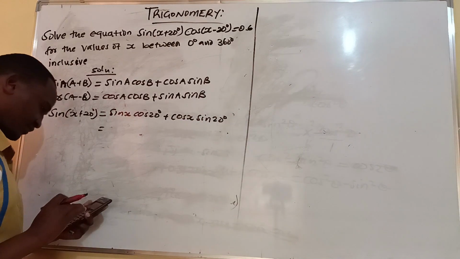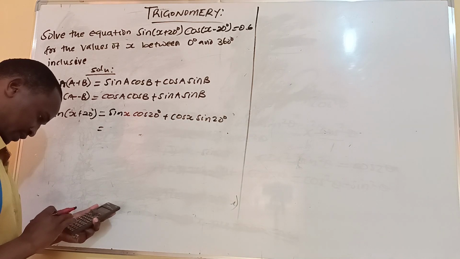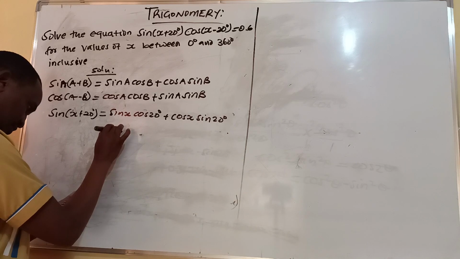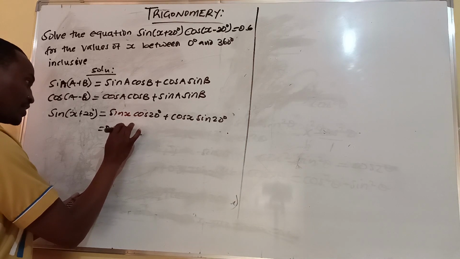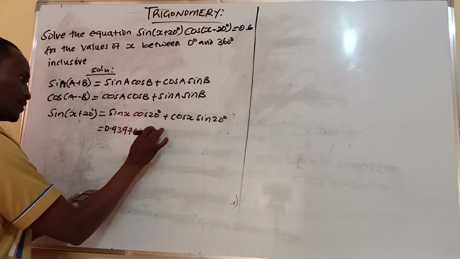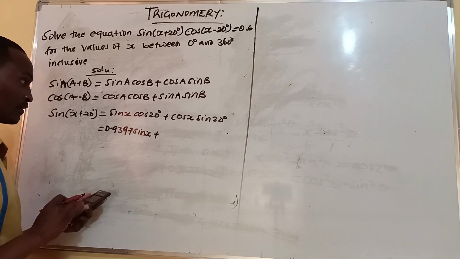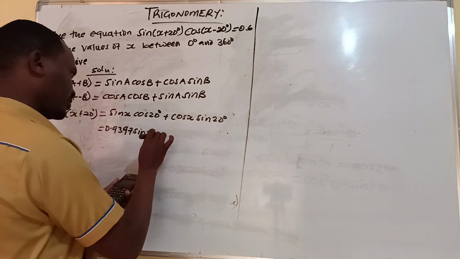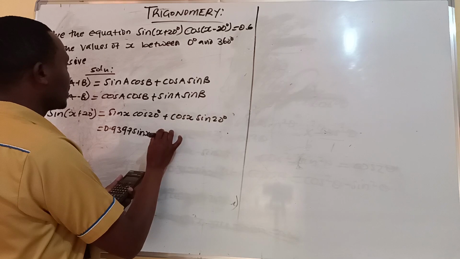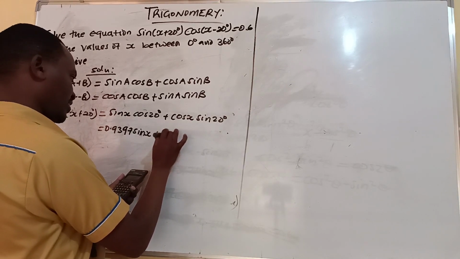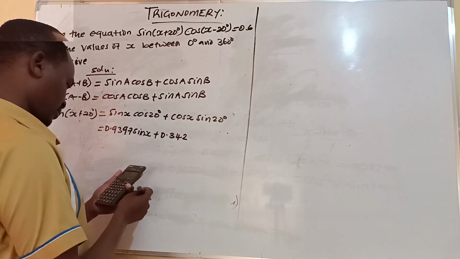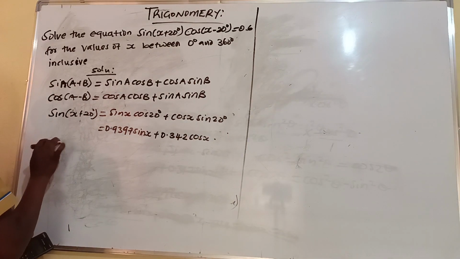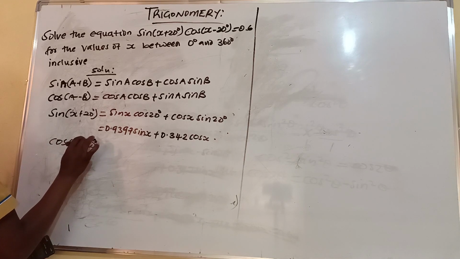Cosine of 20 is equal to 0.9397 sin x plus sin 20, which is equal to 0.342 cosine of x.